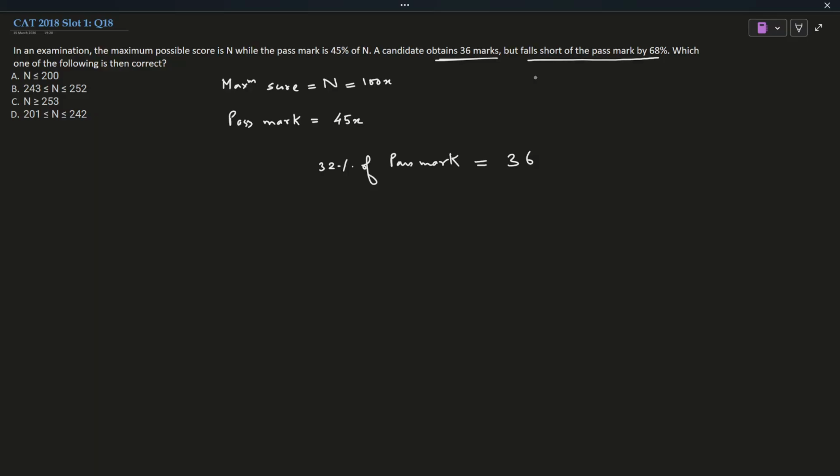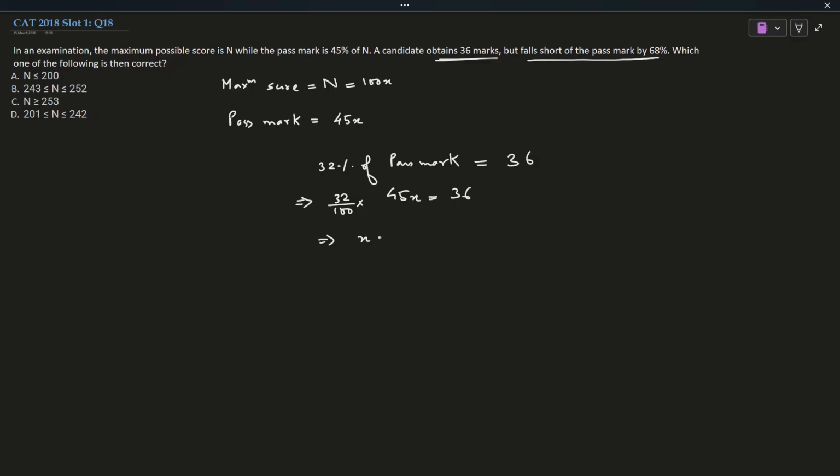That means had he got 68% more, then he would have passed the examination. That means he has got 32% of the pass mark. So what is the pass mark? 32 by 100 into pass mark, 45x, equal to 36.